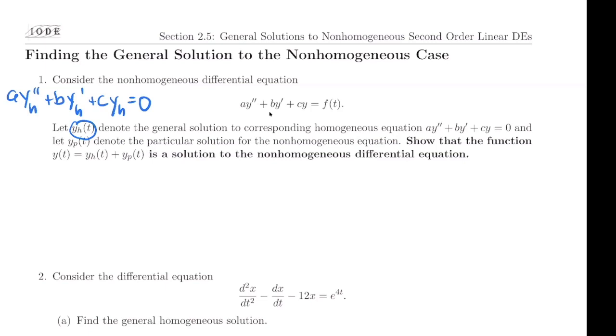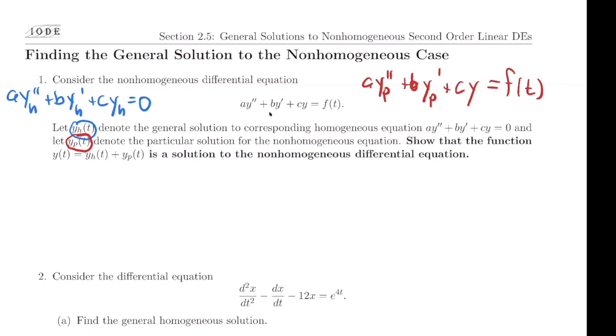When we plug it into the left side, it gives us 0 on the right side. And then we also know, based on the fact that y_p is denoting the particular solution, that when I plug this into the left side of the differential equation, what should I get? f of t. Yep, because it is the particular solution for f of t.